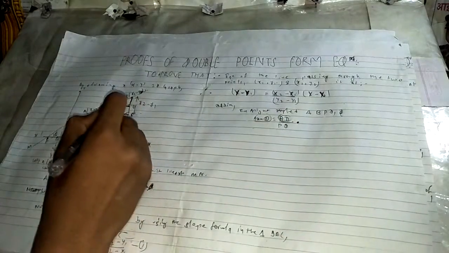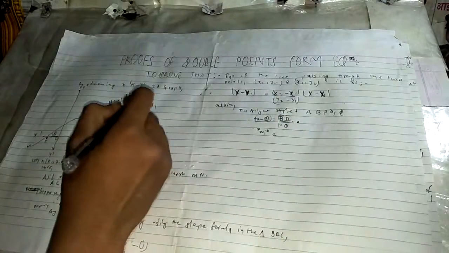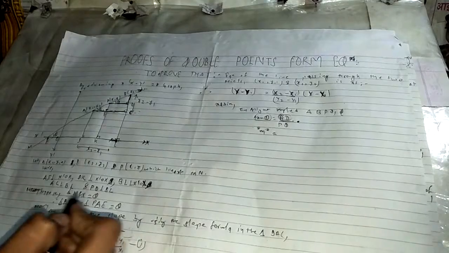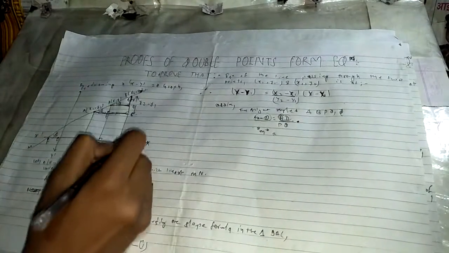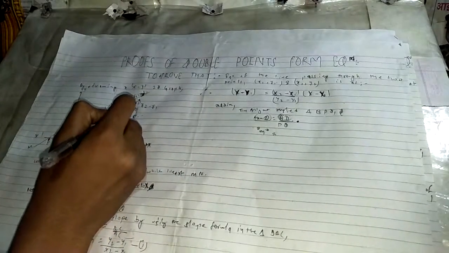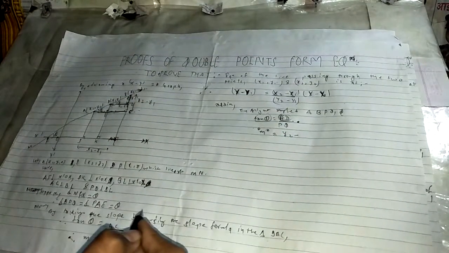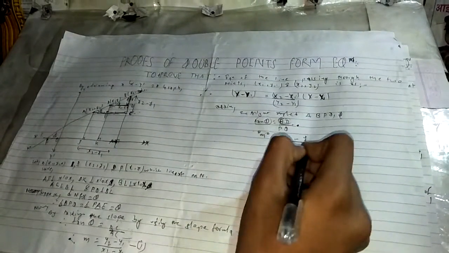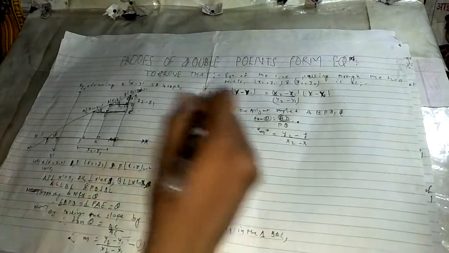Since tan theta is known as slope, denoted by m, m equals BD upon PD. BD means y2 minus y, and PD becomes x2 minus x, so m equals y2 minus y by x2 minus x.